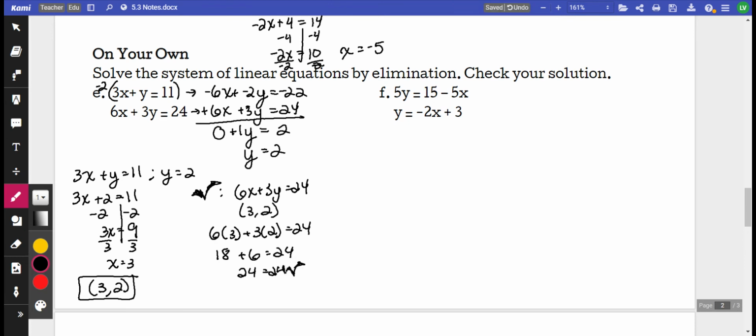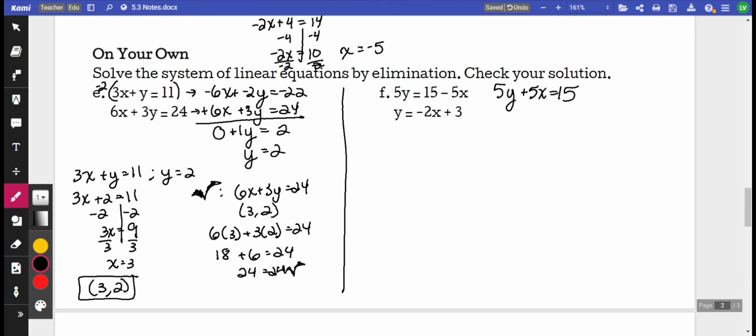All right. Letter F. 5y equals 15 minus 5x, and y equals negative 2x plus 3. Okay, well, these equations are not written where they're matching up with the x's and the y's, so I'm going to change that. In my first equation, I'm going to add 5x to both sides, and that's going to become 5y plus 5x equals 15.